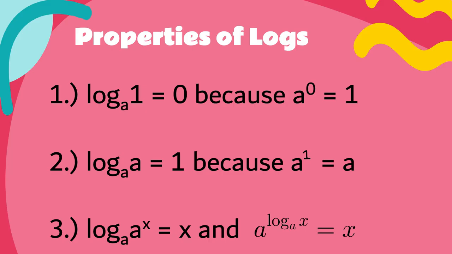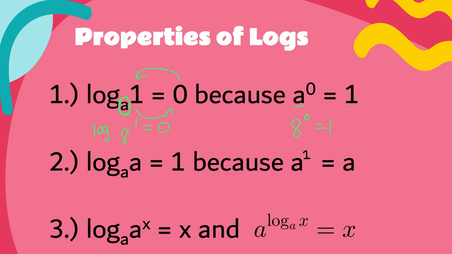If you switch the order, my base stays the same, it now has a power of 0, and it equals 1. Say I have log base 8 of 1 equals 0. I'm going to have 8 to the power of 0 equals 1, which is a true statement.